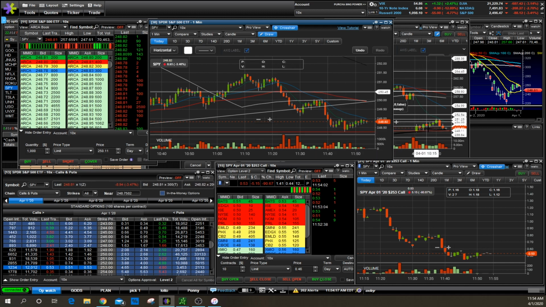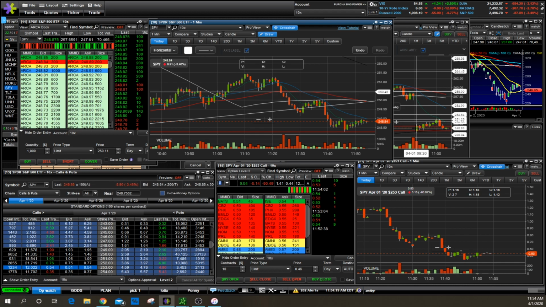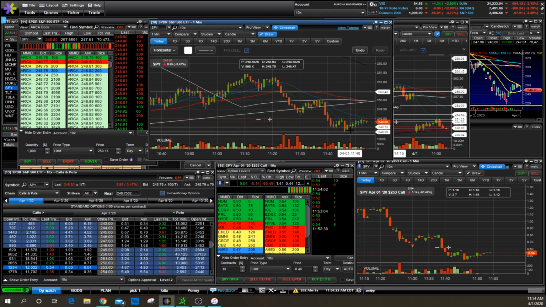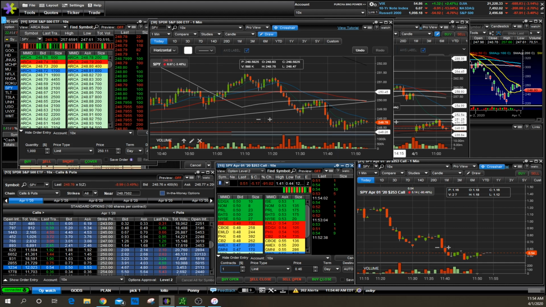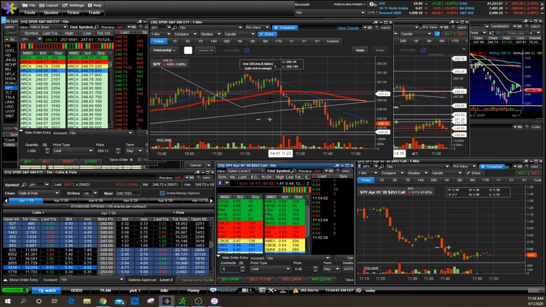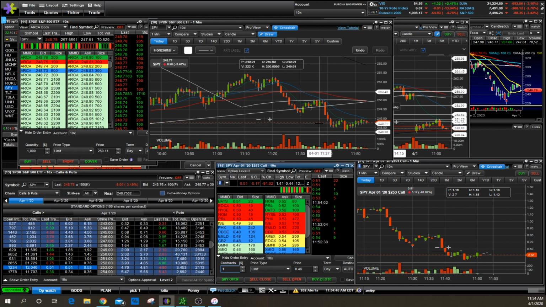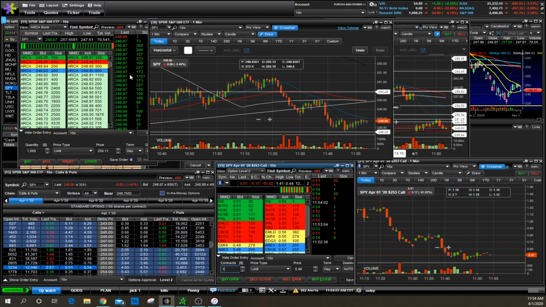Still holding in between the first 15-minute candle range, opening levels. Trying to hold 248.75.